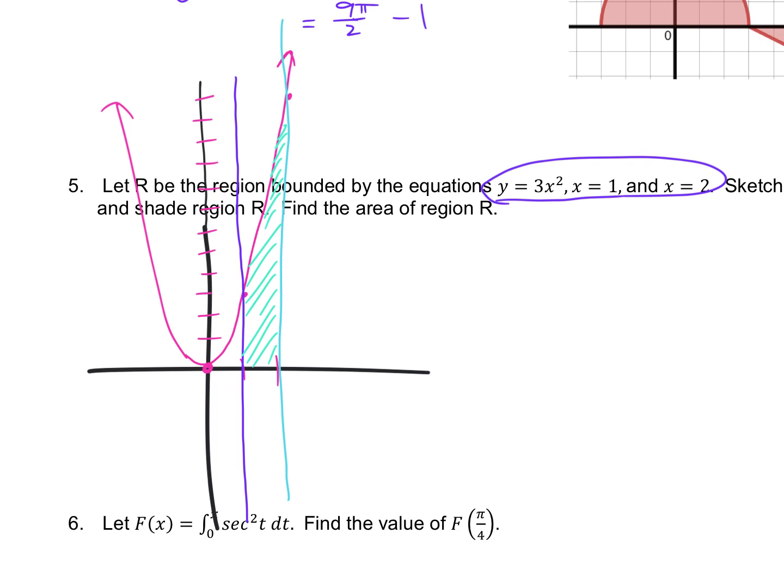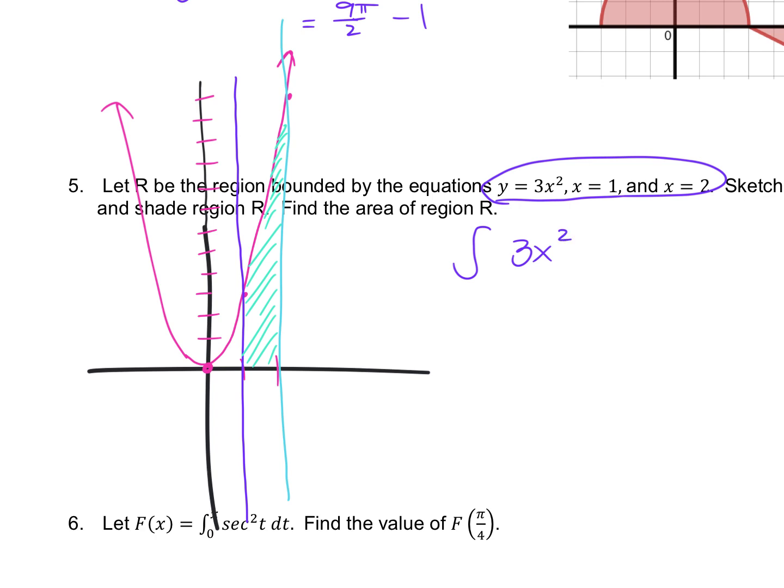Right? Now, if I wanted to find an exact area on that, remember, area or integrals represent area under the curve, right? What curve is that area under? It's under the 3x squared, right? So it's going to be the integral of 3x squared. And now it's not all of 3x squared.